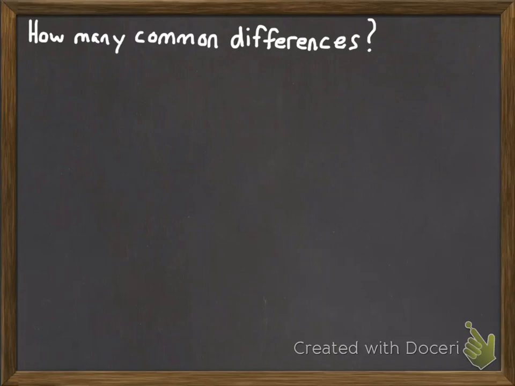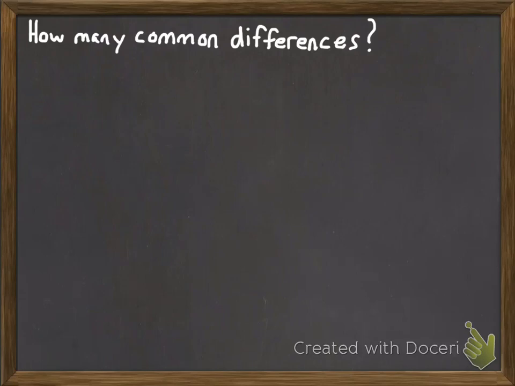Want to start with this question, how many common differences, which the question doesn't make any sense yet, but I want to instill a pretty simple idea in your head about how many common differences there are between any two terms in an arithmetic sequence.